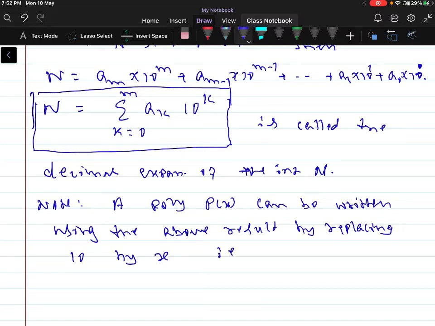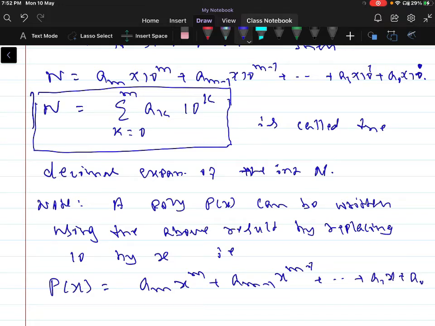That is, we can write p of x is equal to a_m into x power m plus a_(m-1) into x power m minus 1 and so on, plus a_1 into x plus a_0.